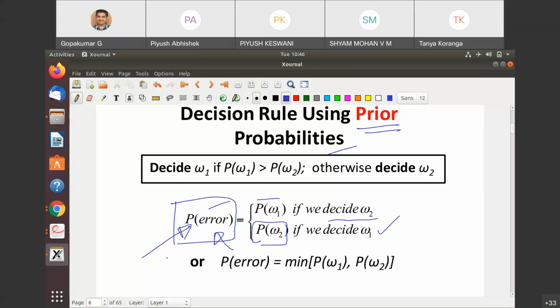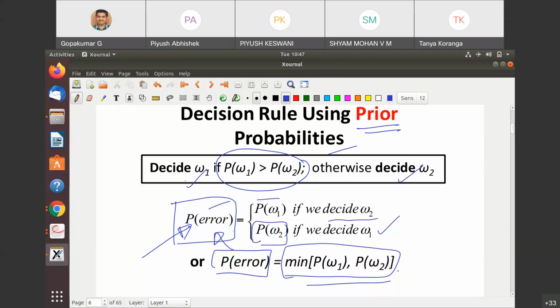If we have correctly predicted, then we can say that the error is minimized. So the probability of error is the minimum of the probability of W1 and W2, because the larger value is what we use for prediction, as the decision rule says: if the probability of W1 is larger, then we decide W1, otherwise we decide W2.